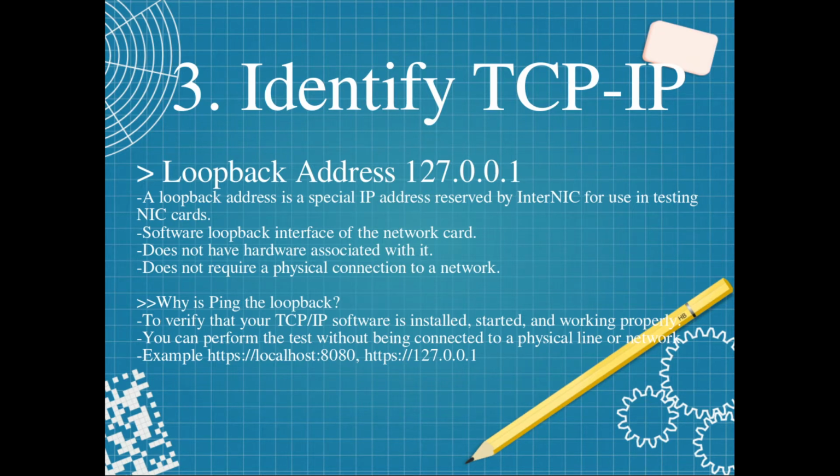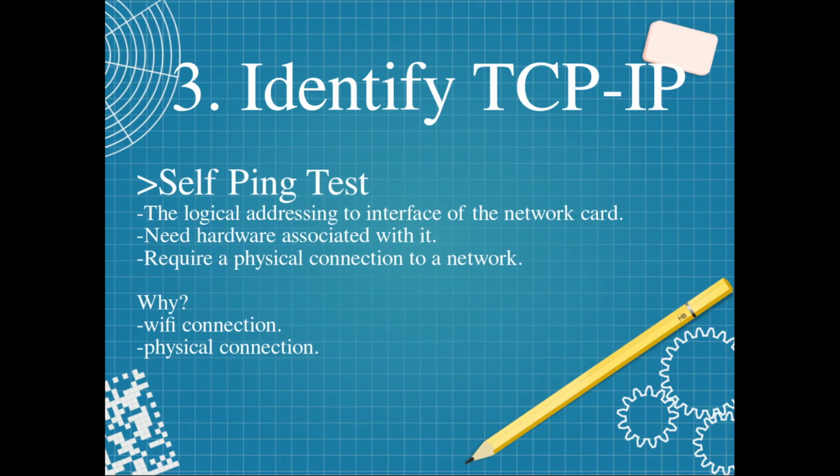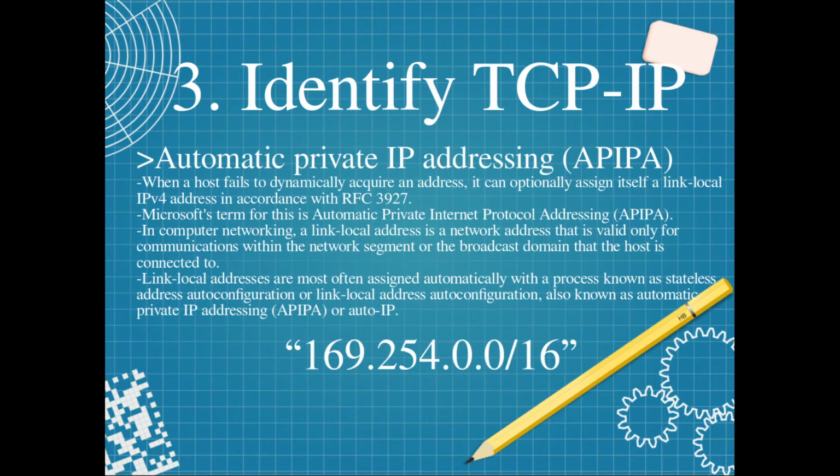First, the loopback address. Yesterday we talked about it a little bit at the end of the session. Next is the self ping test, and third is APIPA, automatic private IP addressing, and we will do a lab on these three.